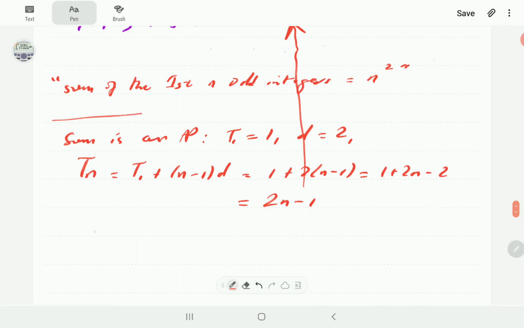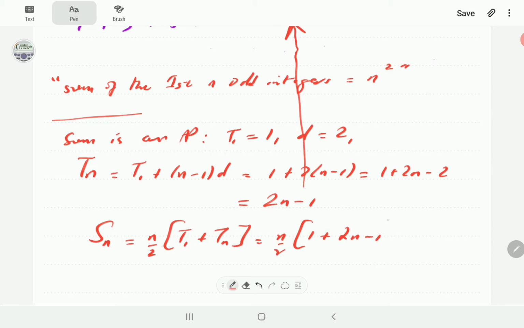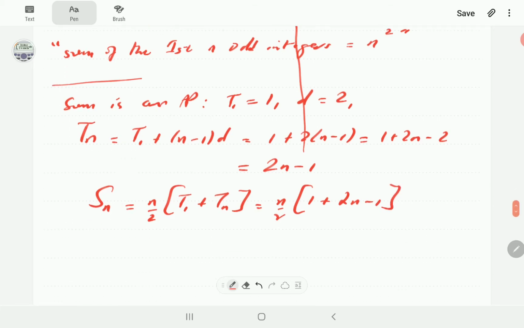So for the sum, we can use the formula for the sum of an AP. Of course we have got n terms, so it's just going to be n. T1 is 1, Tn is 2n minus 1.